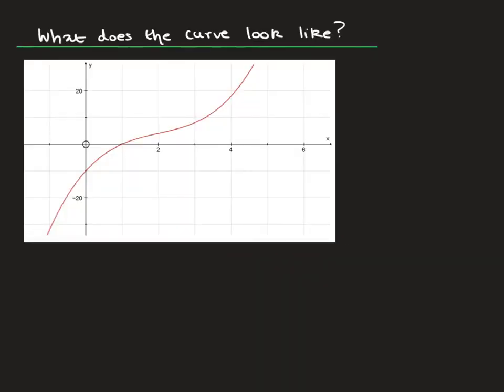So here is a sketch of the curve. Now let's identify the key features. So we know x equals 1 is where we have a root, and we know that this point here is our non-stationary point of inflection, which occurs when x is equal to 2.